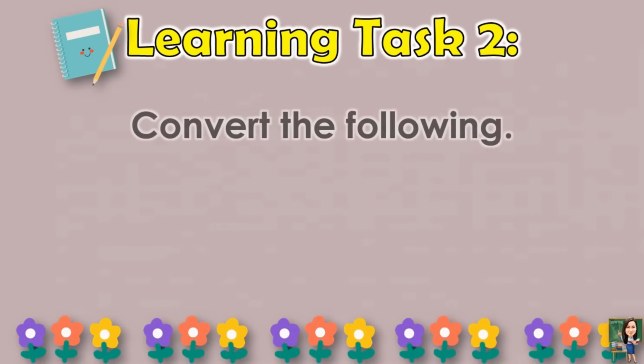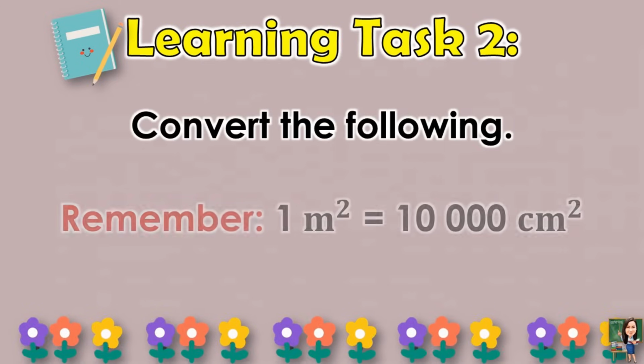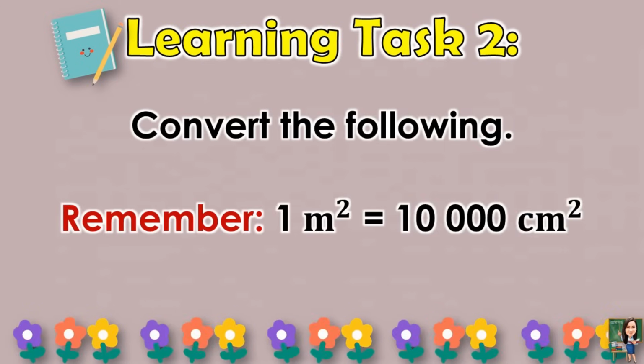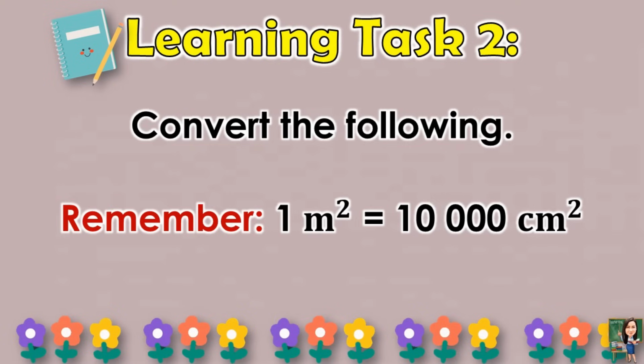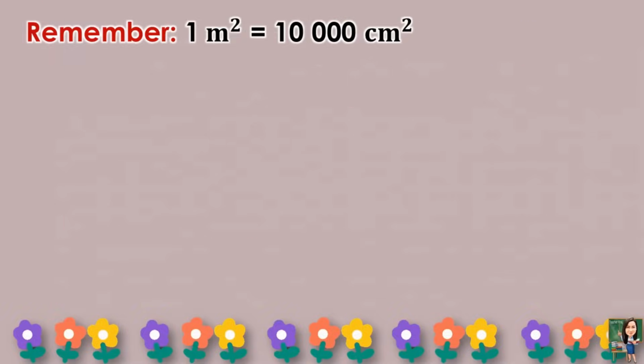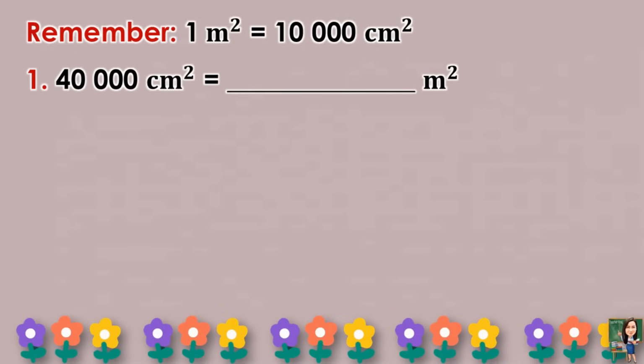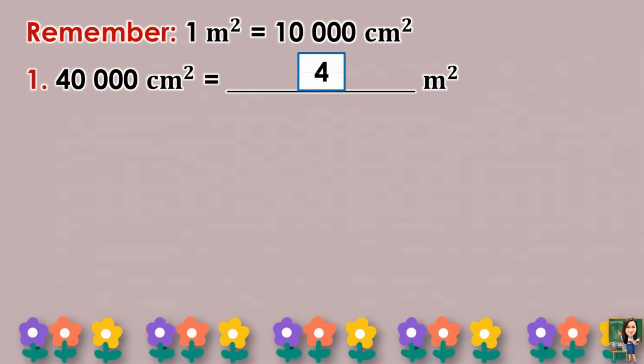Learning Task 2. Convert the following. Remember that 1 square meter is equivalent to 10,000 square centimeters. Number 1. 40,000 square centimeters is equivalent to blank square meters. Correct. The answer is 4.